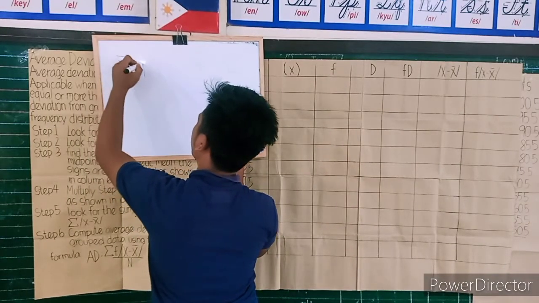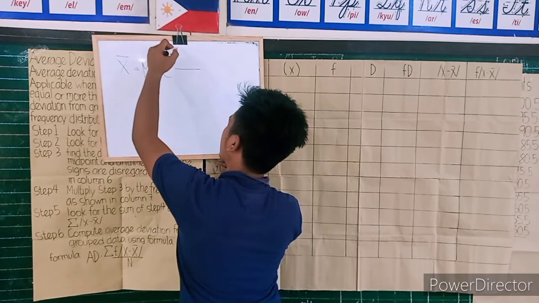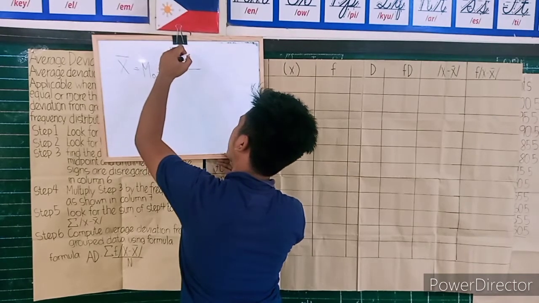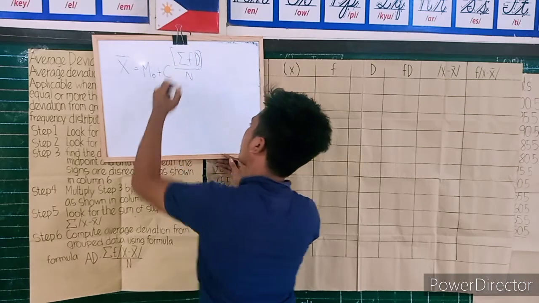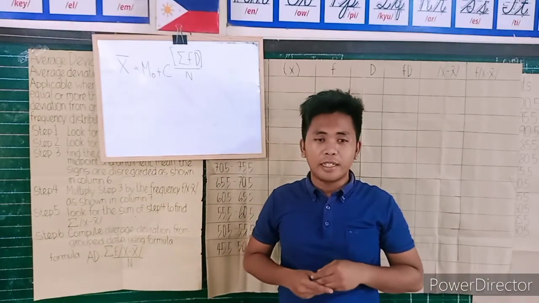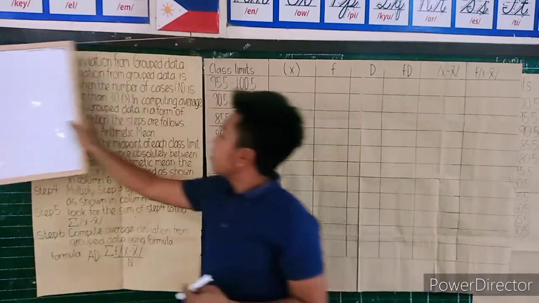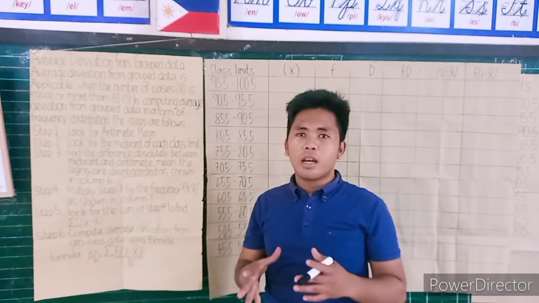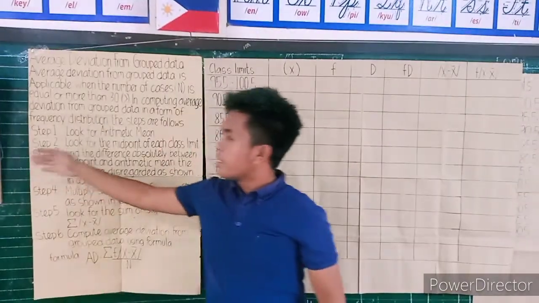We need to use that formula in order to get the arithmetic mean. But in step 1, we do not get all the information if we use this formula, so let us first skip step 1.